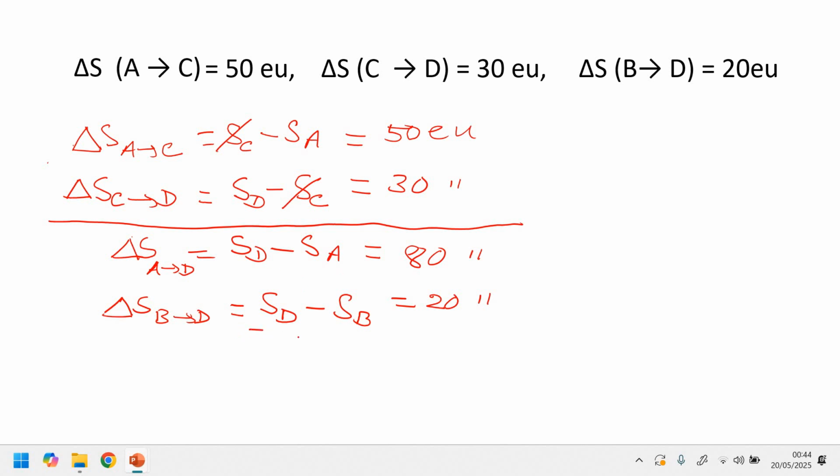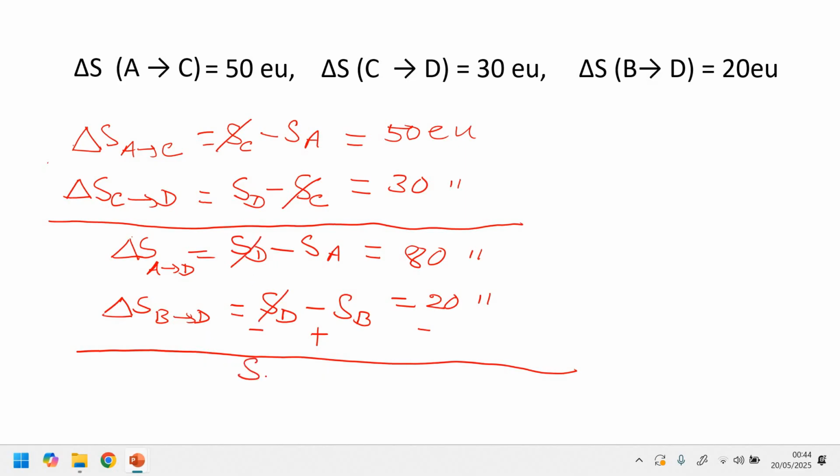So here it is negative, here it will be positive, and here it is negative. Look here, SD and SD get cancelled.